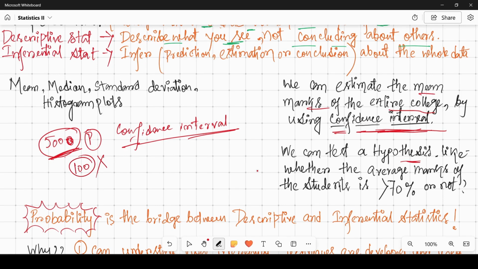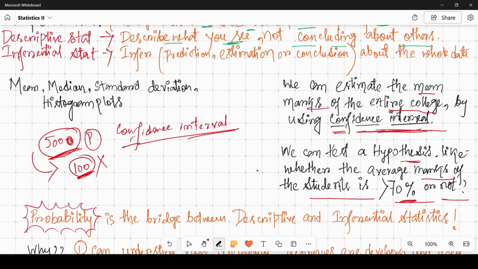Our question is whether the average marks of the students is greater than 70% or not. If we are taking 100 students out of this 5000 population, that is our sample, implementing the descriptive statistical method on this sample will not tell us whether all the students' average marks may be greater than 70% or not.